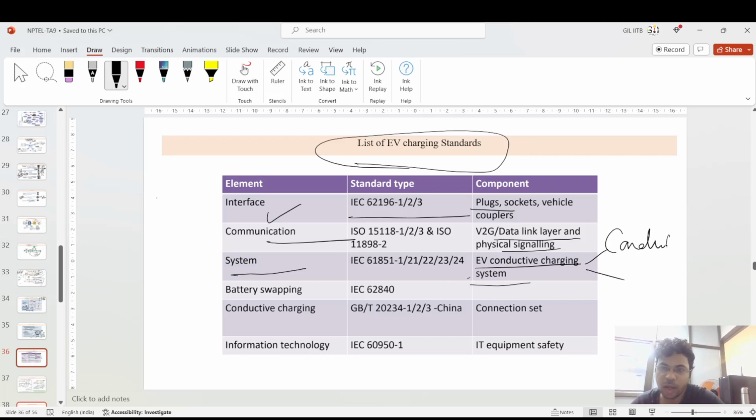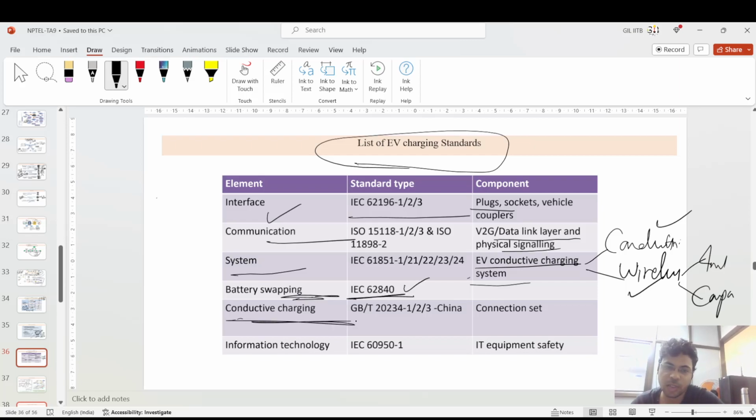And the system, that is EV conductive charging. There are two types of chargers, conductive and wireless. Wireless is of two types, inductive and capacitive. Conductive means you just plug the charger into the vehicle to charge, while for wireless you don't need any physical connection between the EV and the EVSE.